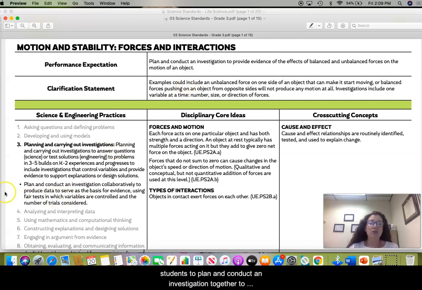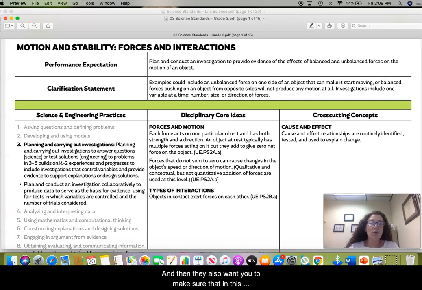So you want your students to plan and conduct an investigation together to produce data to serve as the basis for evidence using fair tests in which the variables are controlled and the number of trials are considered. So now you really need to think about what you want to do with your students, and you have to provide them the opportunity to actually plan out how they are going to investigate a phenomenon. You could use toy cars, you could use a balance. There's all sorts of things that we could do here, and we'll talk more about that in class.